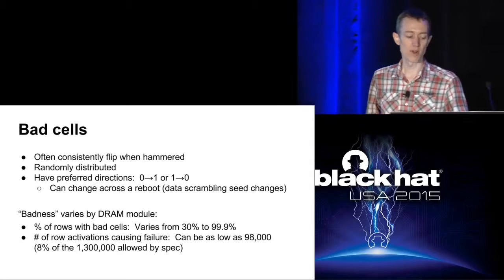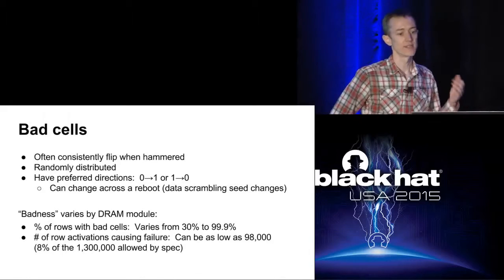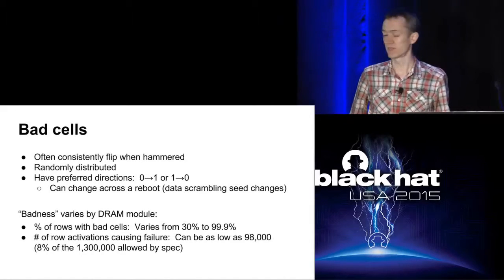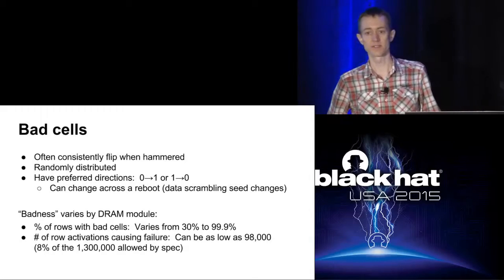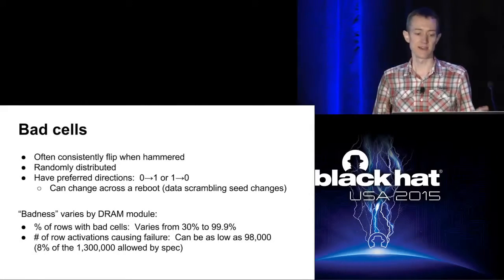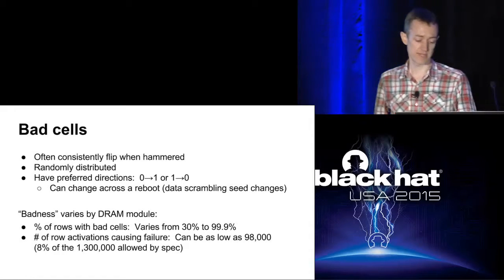And also the number of row activations that you need to cause one of these errors can vary. On one module, it was as low as 98,000 row activations, which was about 8% of what the DDR3 spec said that module was supposed to be able to take.